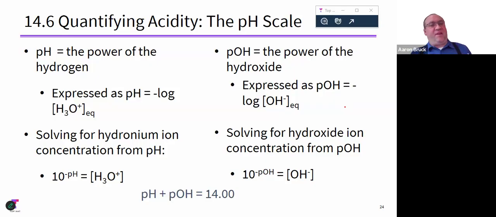And similarly, we can reverse the process. If we needed to calculate the amount of hydronium in the solution, we could do so by taking the antilog of the pH. So 10 to the negative pH value would give you that hydronium concentration at equilibrium.